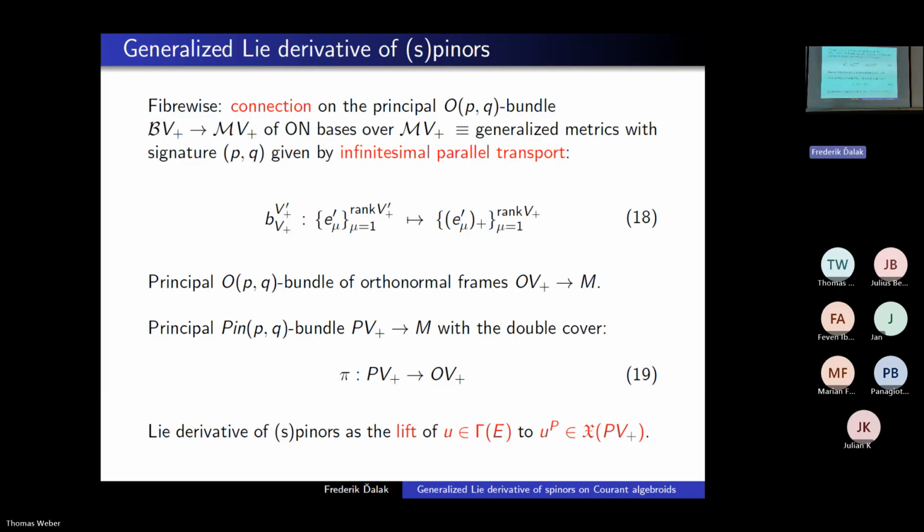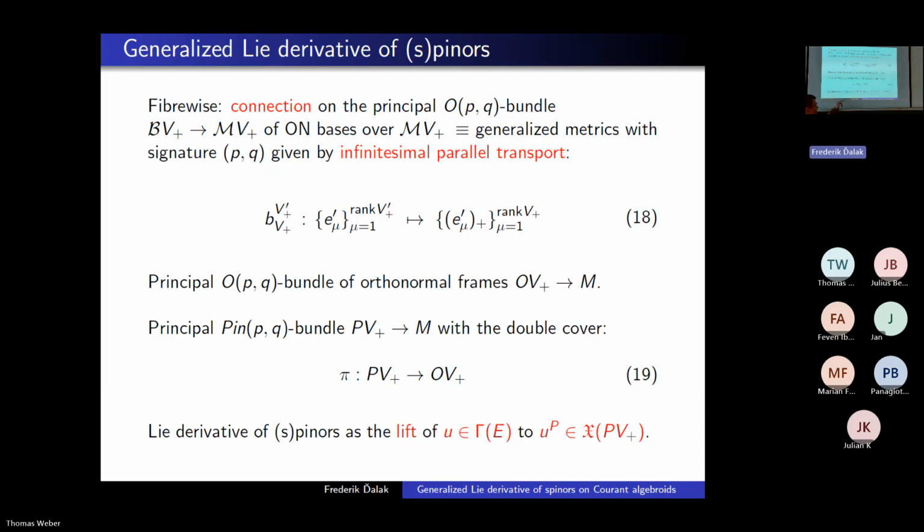And now, again, these spinor fields in the generalized setting can be seen as equivariant functions on the total space of the Pin bundle. So you would like to have the Lie derivative as a vector field which acts on these, such that it gives you, again, an equivariant function as a result. And this way you can extract the Lie derivative.